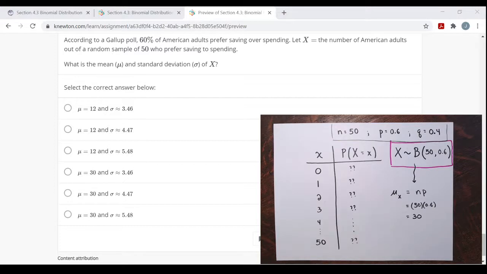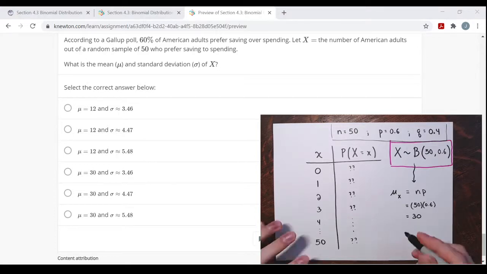Then I took another 50 people at random, and 38 of them preferred saving over spending. So now I have 25 and 38. Add those up, divide by 2, you get an average. Say I did that 100 times, took 100 different random groups of 50, counted how many people preferred saving over spending in each, and then added them up, divided by 100, to get the average. Remember, the average over time should approach this expected value, this 30.